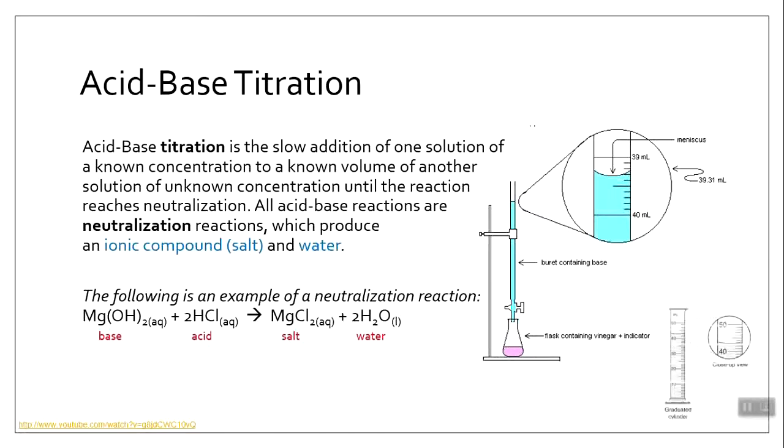So a graduated cylinder, if you think about it, goes from 0 all the way up to 50, right? Or all the way up to 10 or 100. And that we already know how to read. A burette is the opposite. On a burette, the 0 starts up here and it goes down to 50 here. Why is it like that? It's because the solution flows down, and so it's easier to read if it's going down.